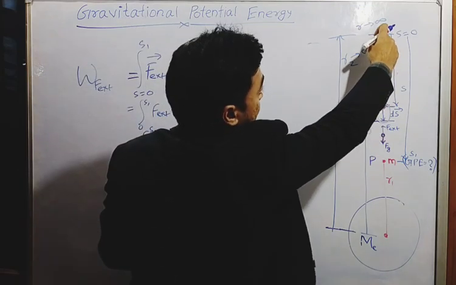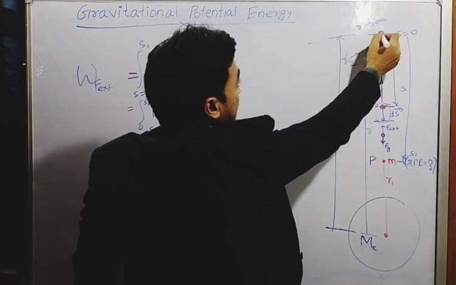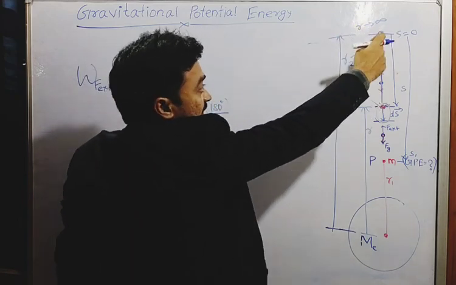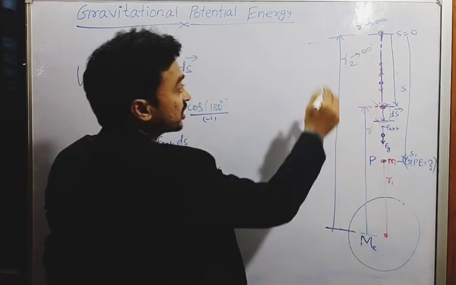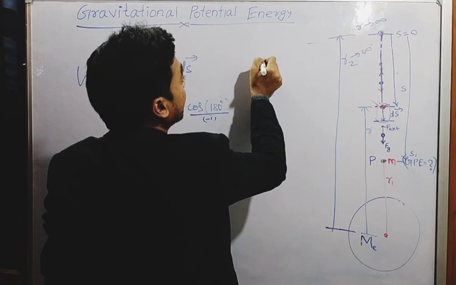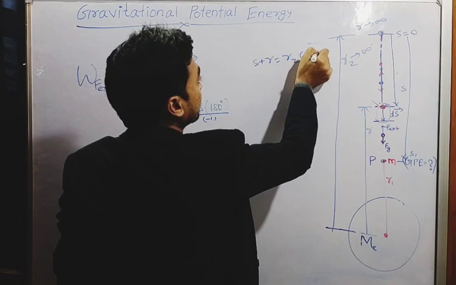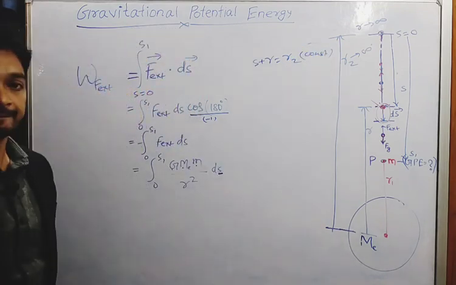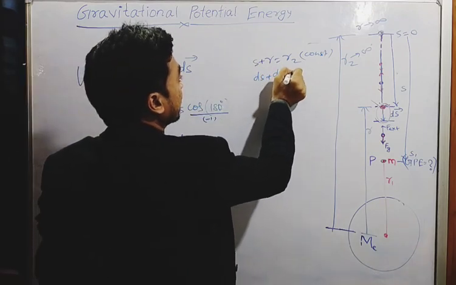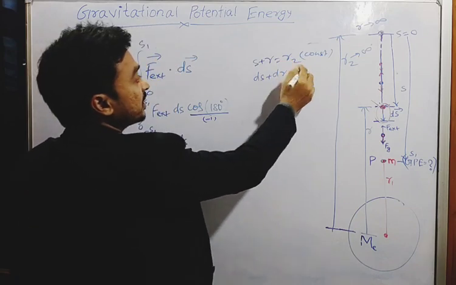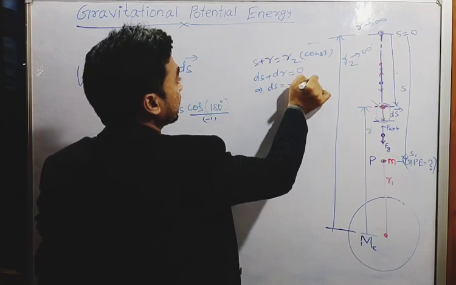Now see, R plus S is equal to R2. This R2 is constant. This is a fixed position, and this R1 is also a fixed position. So here you can write S plus R is equal to R2. This is constant. Now differentiate it. ds plus dr is equal to, the differentiation of a constant is 0. This will give you ds is equal to minus of dr.